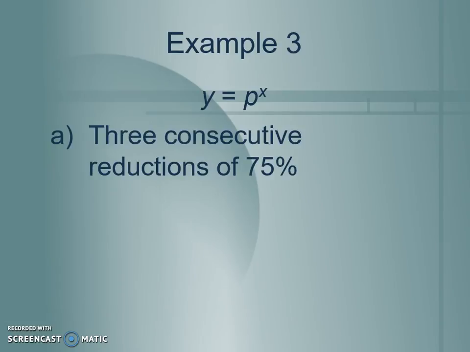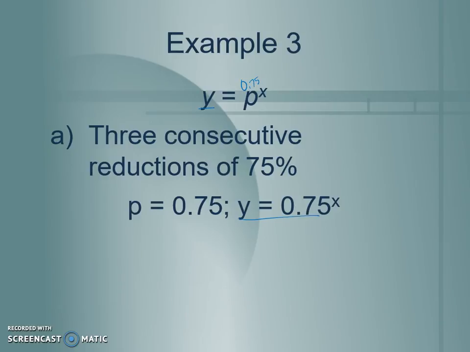Well, first off, our percentage that we're using to reduce it is 75%. So we'll substitute that in for our p-value. So here we'll put in 0.75, and then that gives us y equals 0.75 to the x power right here.